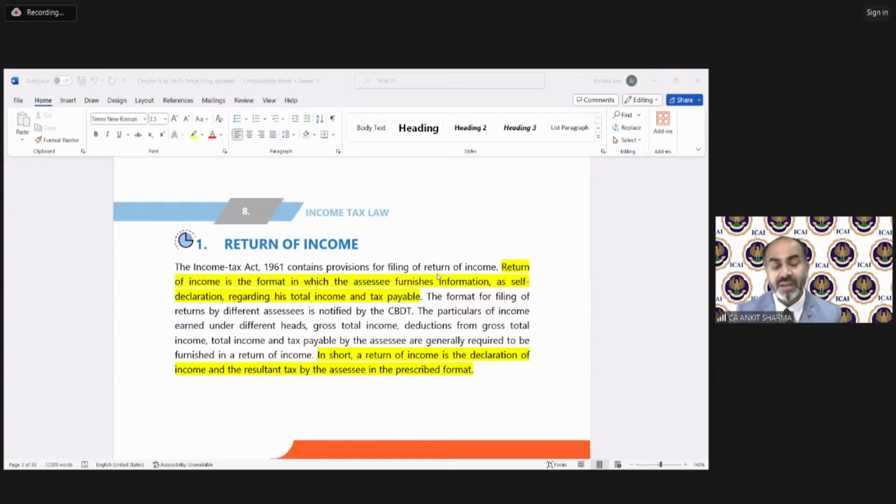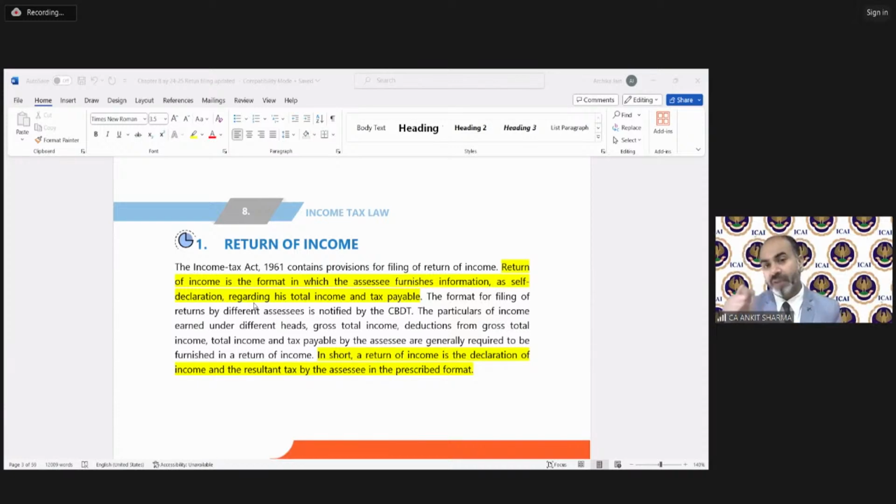Return of income means information regarding your income, your tax, your deduction, your clubbing, your set off, all the concepts which we have gone through from chapter 1 till chapter 7. Return of income is the format in which the assessee furnishes information as self-declaration regarding his total income and tax payable. So whatever income you want to declare to the department is going to be declared via return of income.